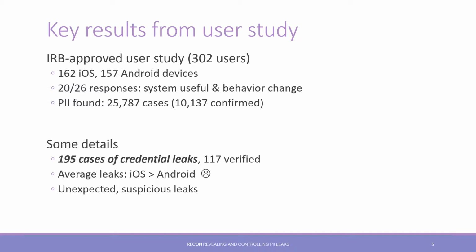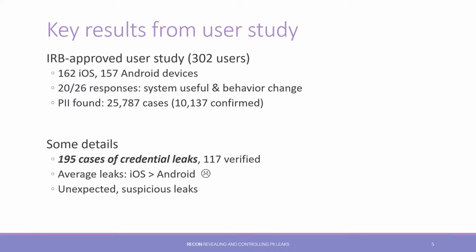And we've done a number of analyses on this data. So from a small subset of those users, we were able to get detailed survey responses. And those users told us that they did find our system useful, and they changed their behavior in response to the information we shared about how their personal information was being exchanged with other parties.